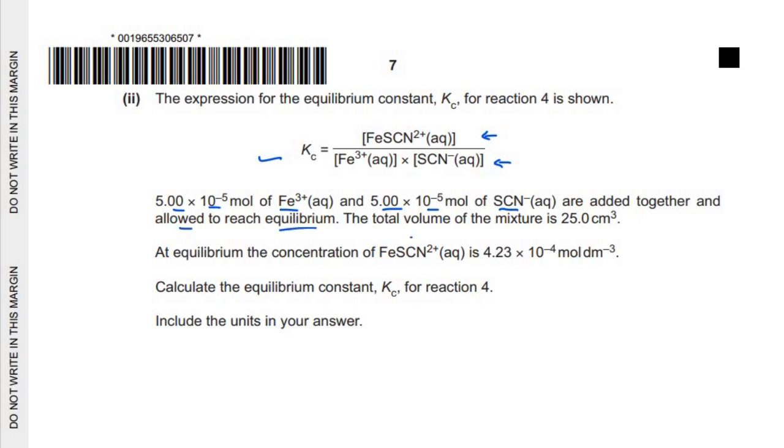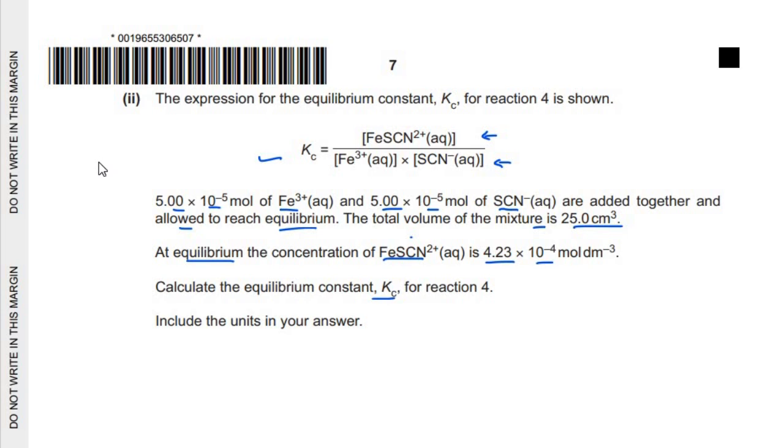The total volume of the mixture is 25 cm³. At equilibrium, the concentration of the product is 4.23 × 10^-4 mol per dm³. Calculate the equilibrium constant Kc for reaction 4.